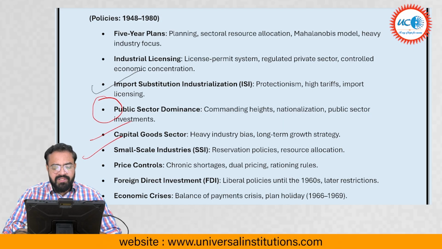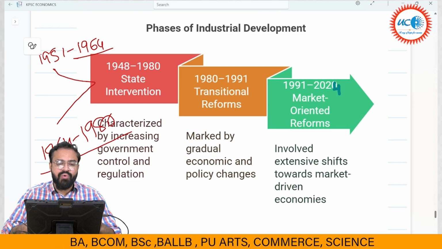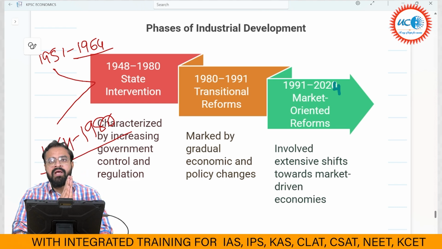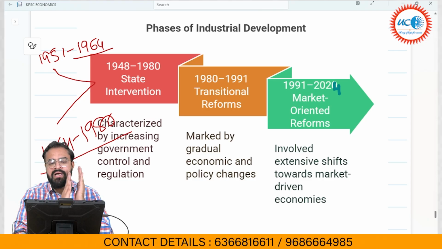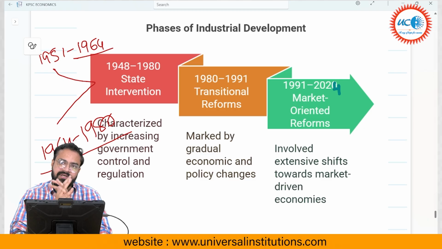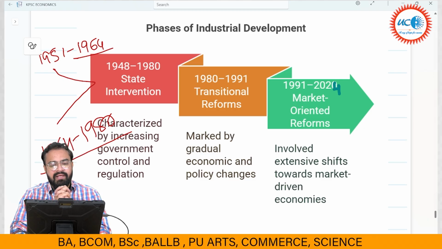These were some of the things that happened during the phase of 1948 to 1980. So in this video, we discussed what has happened to India from 1948 to 1990. That's it from our end in this particular video.